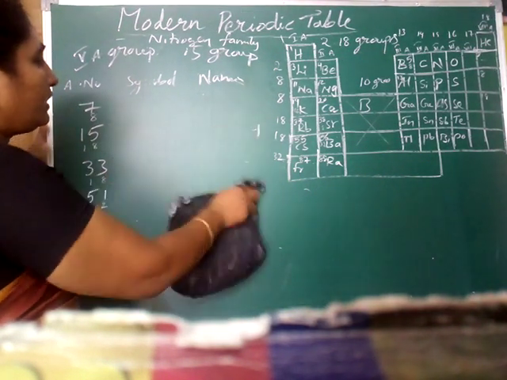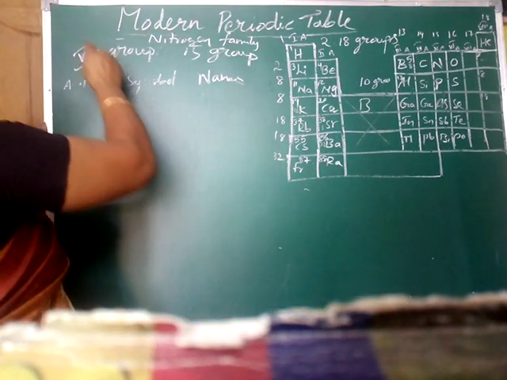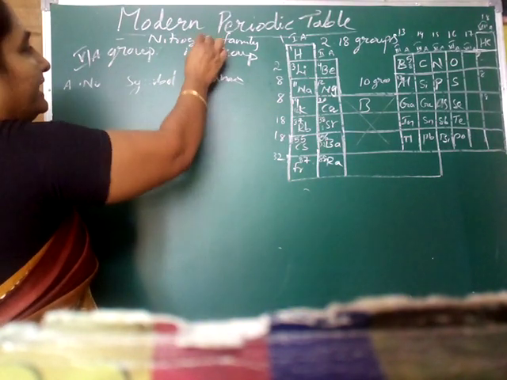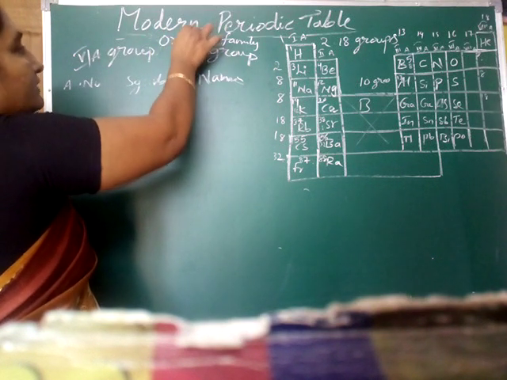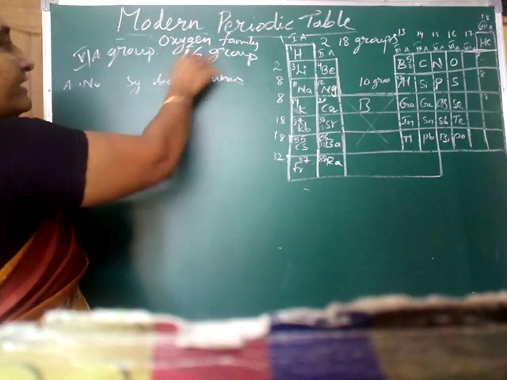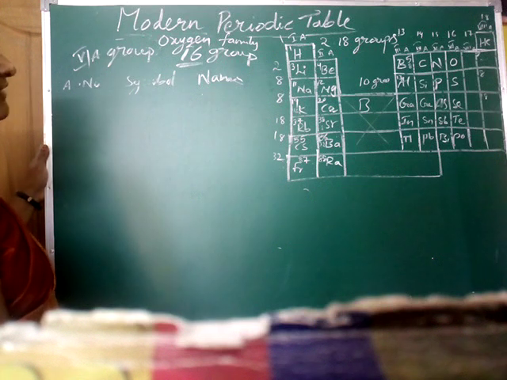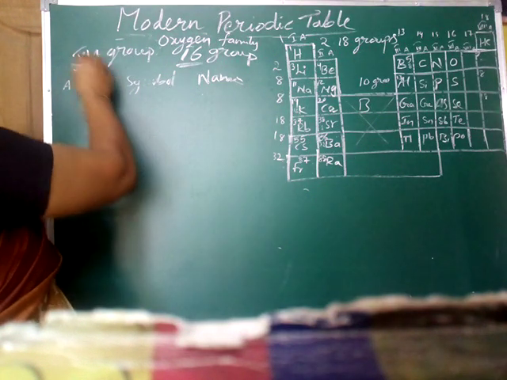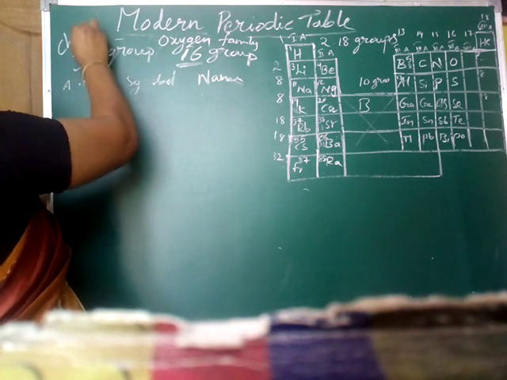Now you come to the next group elements, the 6th A group elements, which are 16 group elements, called the oxygen family, because the first element in this family is oxygen. That's why it is called the oxygen family. And chalcogens.